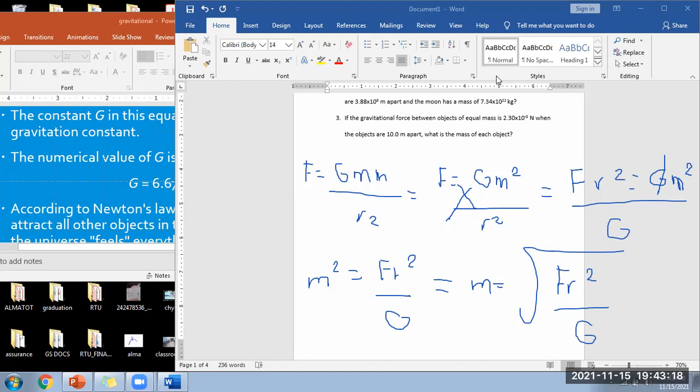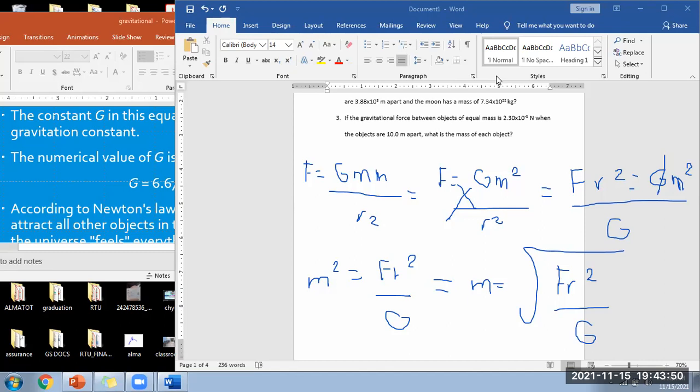So nag-transpose na tayo from the original formula, F is equivalent to G m1 m2 over r squared. Nakuha natin yung m is equivalent to the square root of F r squared over G. So kung i-apply na natin sa formula, 2.30 times 10 to the negative 8 times 10 squared divided by 6.67 times 10 to the negative 11.